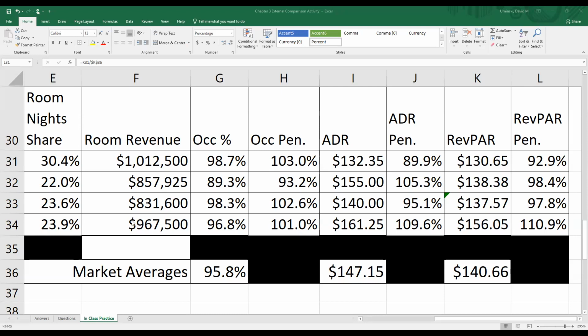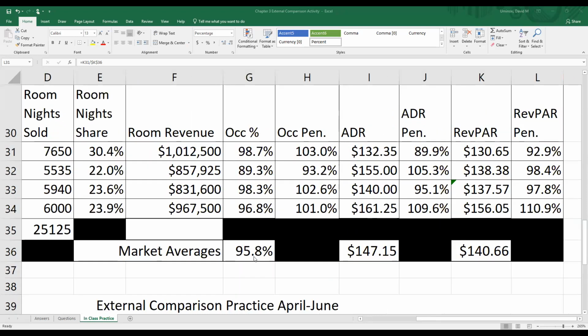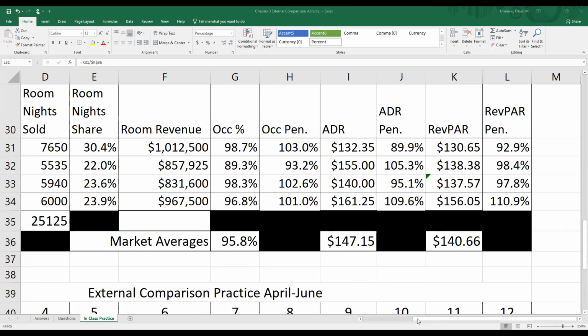Well, they didn't have the most revenue, right? Hotel A had the most dollar amount of revenue. But looking at this information, why would Hotel D be the one that performed the best? We were above average on all different penetration indexes, okay?